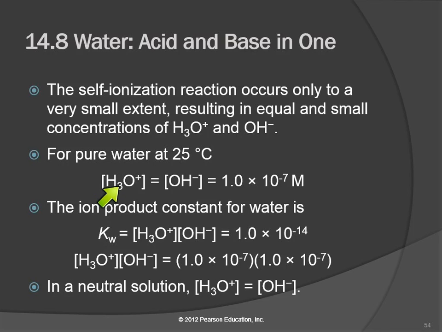So the hydronium ion concentration is going to be equal to the hydroxide ion concentration, and that's going to be a small number. It's actually 1.0 times 10 to the minus 7th molar, moles per liter. That's at room temperature, 25 degrees Celsius. It's slightly different at other temperatures, but we're not going to worry about that.